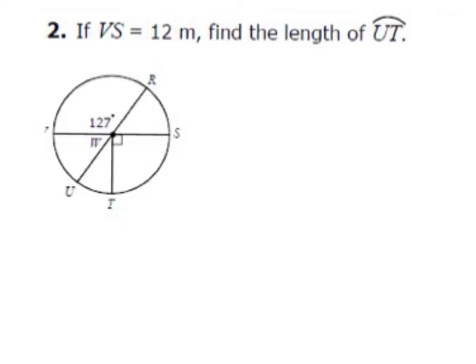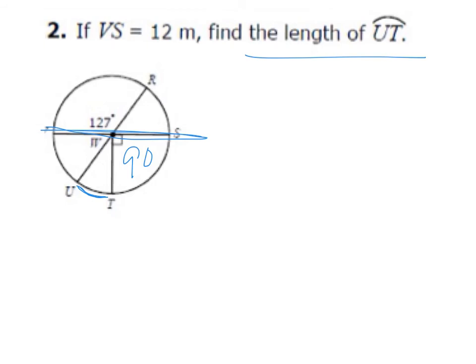This problem asks us to find the length of arc UT. So here is arc UT. First, we need to figure out the measure, how many degrees it is. I already know we have a 90-degree angle. And now I need to figure out what is missing here. We would need to see that we have a diameter here.